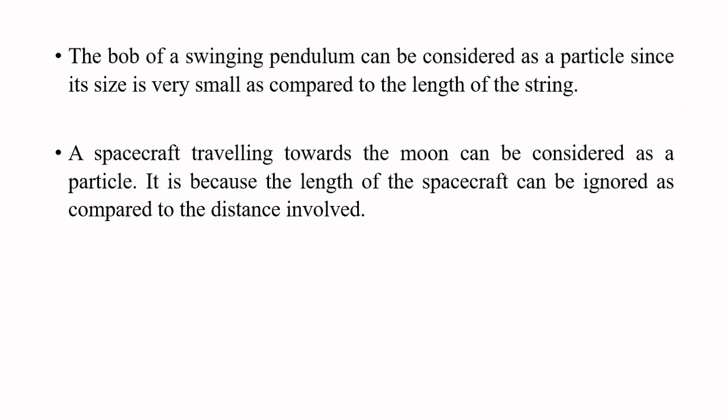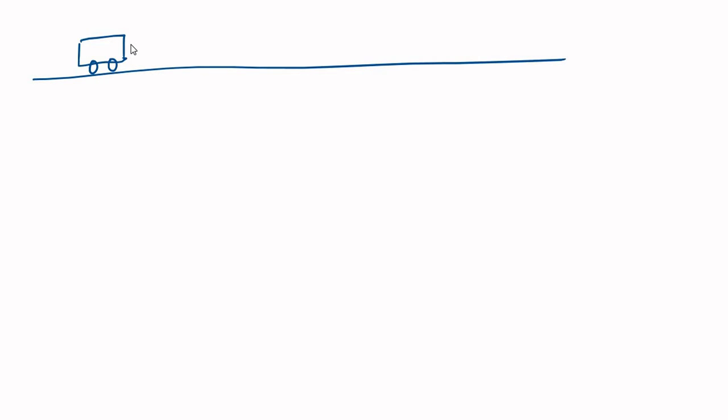Let me give you some examples through which we can understand it. Let us say we are trying to study the movement of a car or a bus traveling on a road, and it covers a distance of, let's say, 200 kilometers or 100 kilometers, whatever, even 10 kilometers. Here the length and breadth of the car is very small as compared to the distance which it is covering.